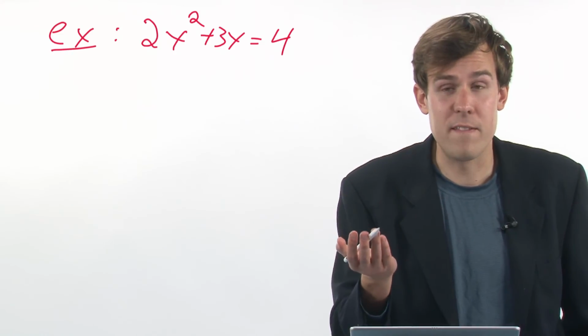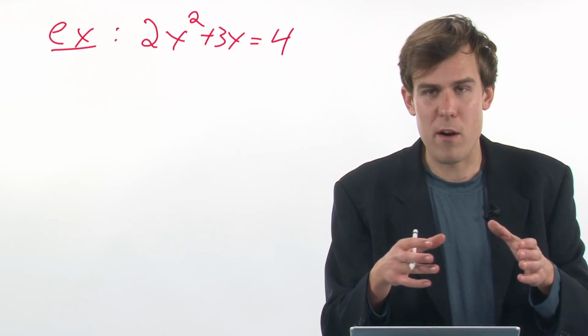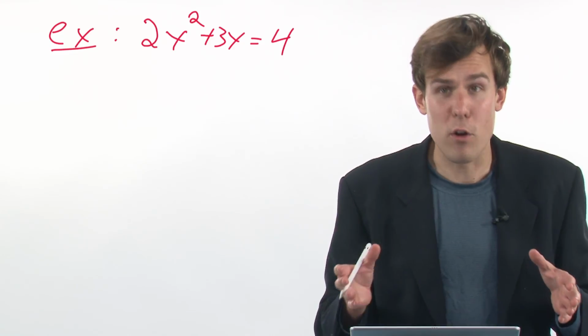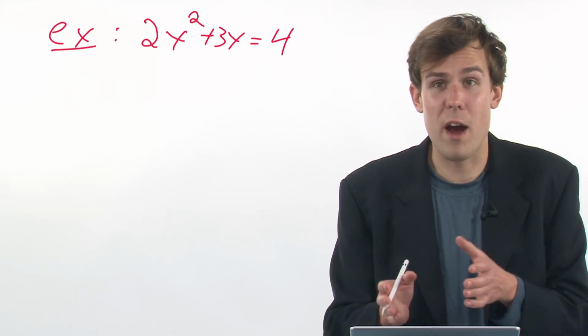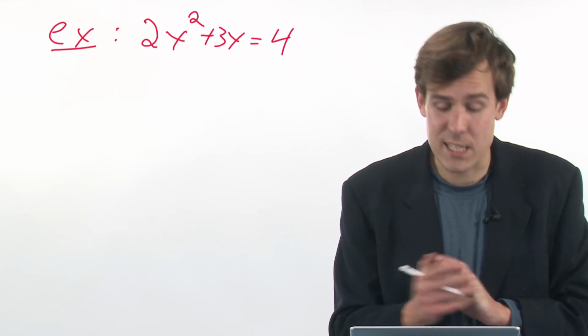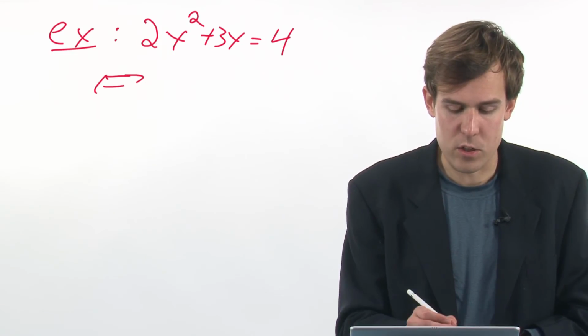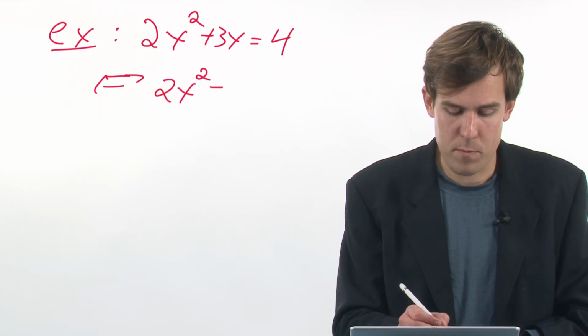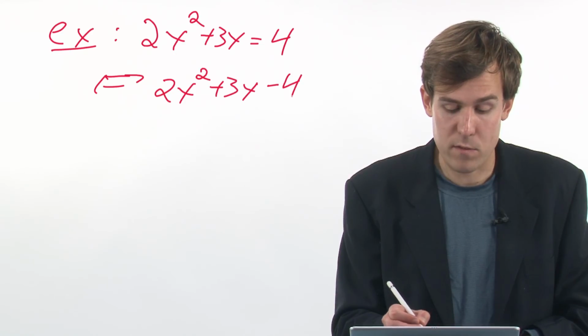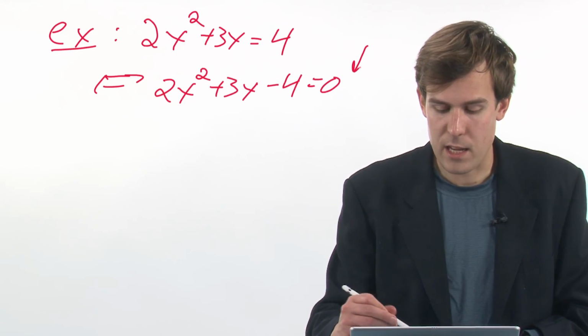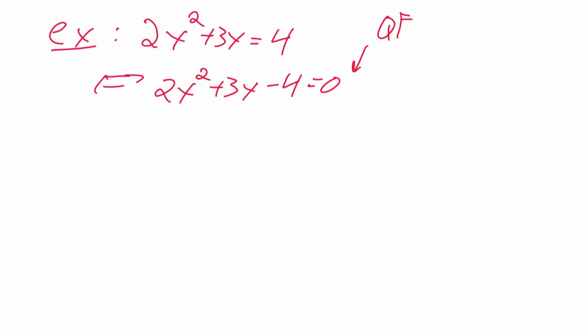The easiest way to fit this square peg into a round hole is to make it look like what the quadratic formula can accept. So we'll turn this into 2x squared plus 3x minus 4 equals 0. And here, the quadratic formula applies. It did not at the start, but it does now, with a equals 2, b equals 3, c equals negative 4.